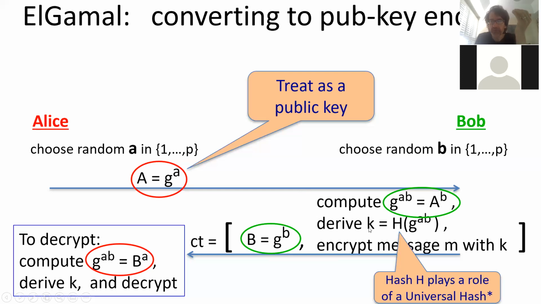Even if he received key K or a random string, he couldn't tell the difference. He couldn't tell whether he is getting a random key K or a random string. That's one mechanism, and its security essentially follows from the security of key exchange.